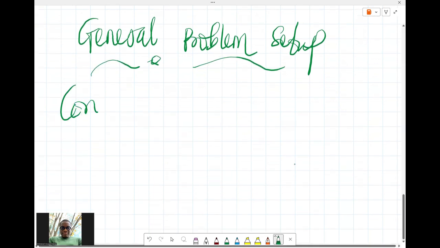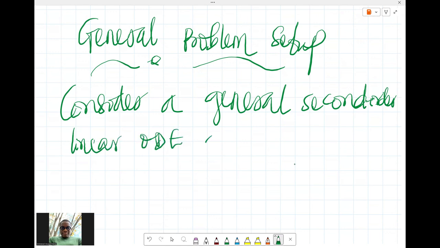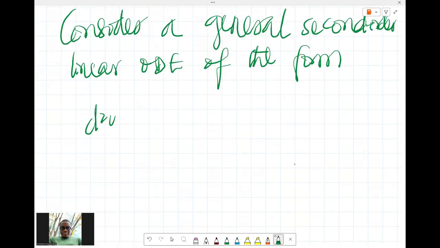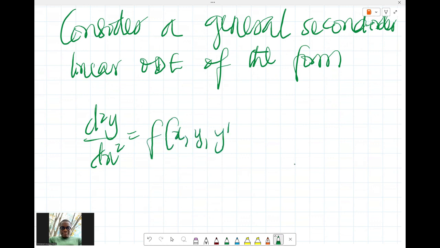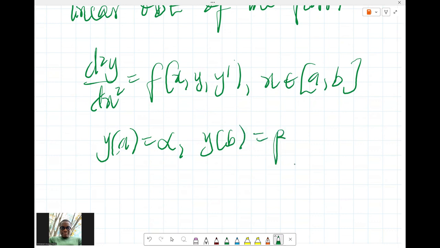Consider a general second order linear ordinary differential equation of the form d squared y dx squared equals f of x, y, and y prime, where x belongs to the closed interval [a, b], and we have boundary conditions that y at a equals alpha and y at b equals beta.